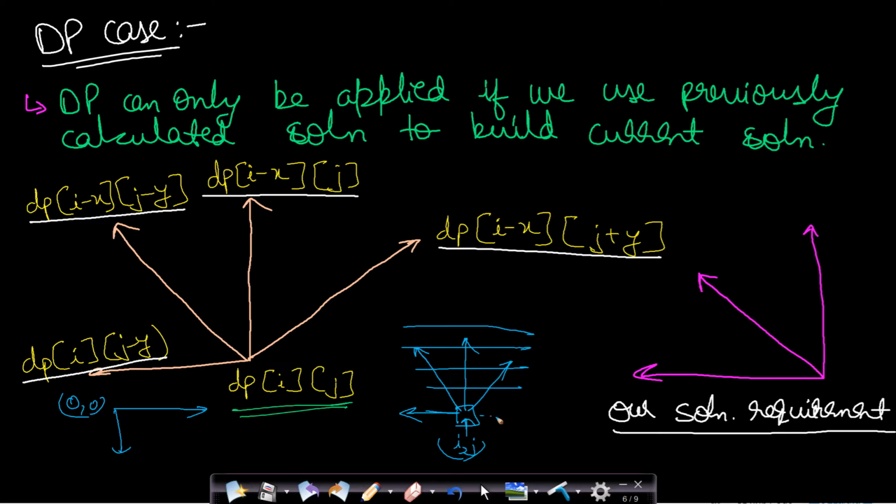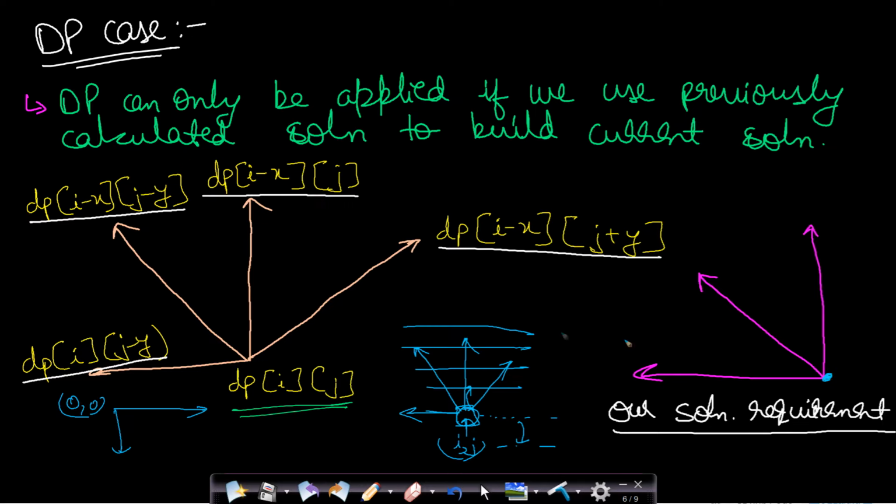Because only this row and further below rows will not be available, but if you move at least one row above, then all the values to the right hand side will also be available. So these are the 4 directions which you can use to solve the current cell problem. Okay, but in our case, as you can remember, we need to see only 3 directions in order to solve the i comma jth point.